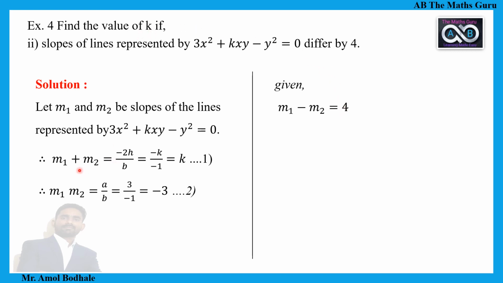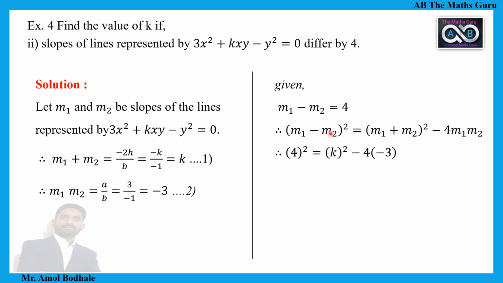We have the values of m1 plus m2 and m1 into m2, so we will express m1 minus m2 in terms of m1 plus m2 and m1 into m2. As we know, (m1 minus m2) square can be written as (m1 plus m2) square minus 4 m1 into m2. So let's put the values.